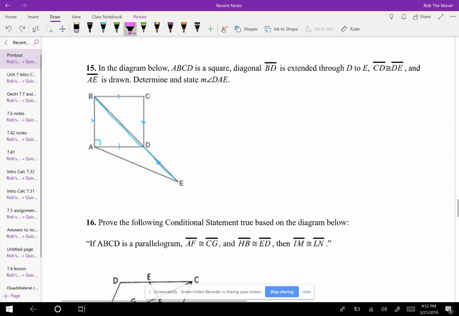So that may help us determine and state the measure of angle DAE. In fact, we're trying to look for that little angle in there. Well, it's an isosceles triangle, so the base angles have to be congruent. So you know angle E is congruent to angle A because it's an isosceles triangle.